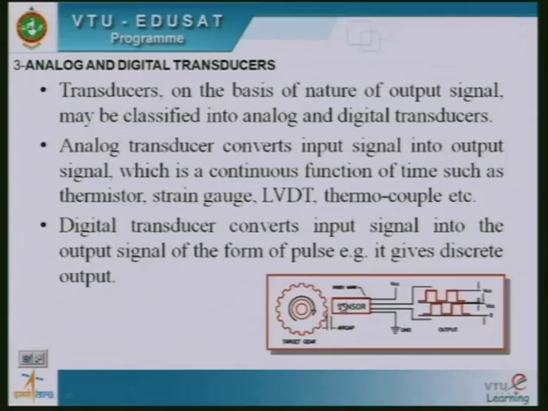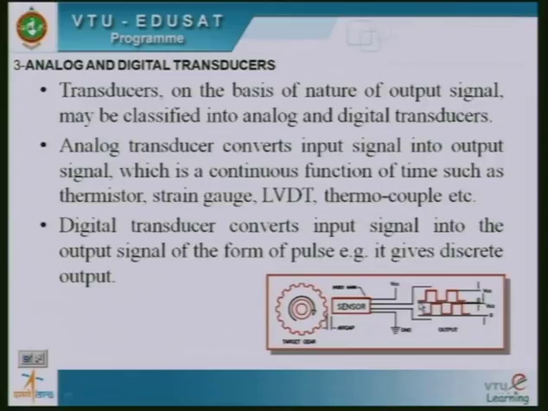Whenever a gear comes near the sensor, a pulse is generated. When the gear moves off, the pulse is 0. Whenever a gear again comes to the sensor, the pulse is generated. So the sensor or transducer is able to convert the movement, which is a physical quantity, to a pulse like this.